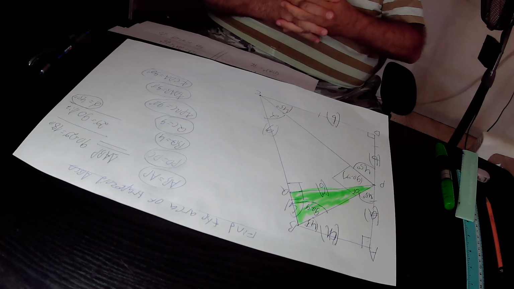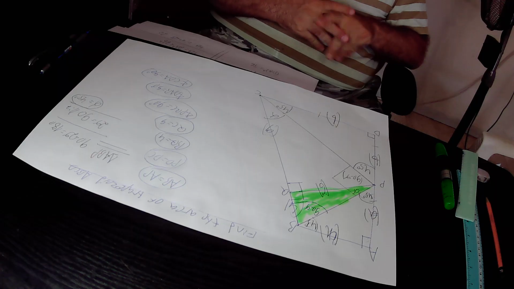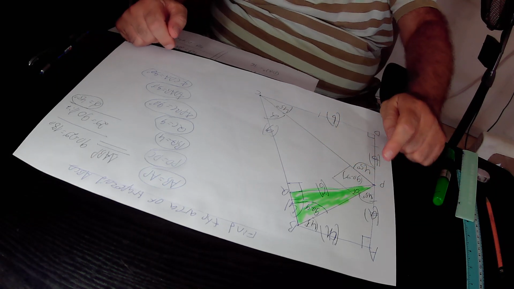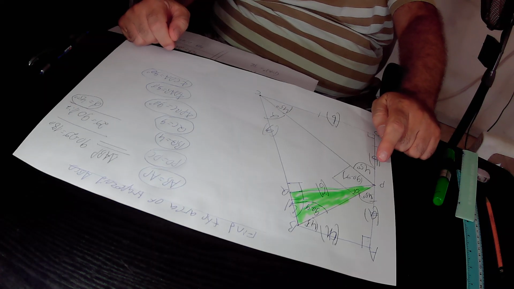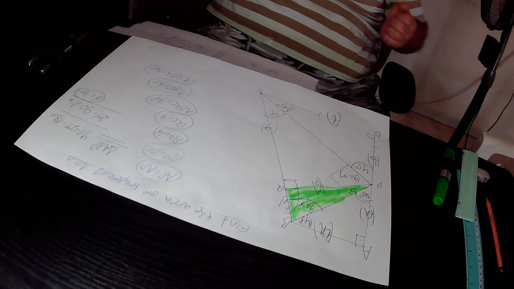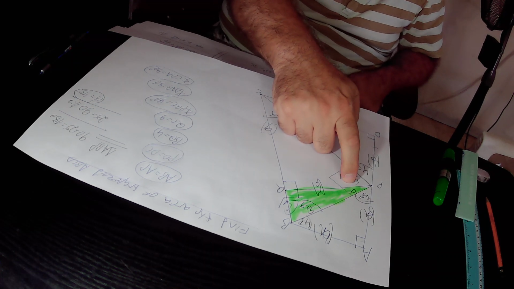Rule 3 says that the sum of the angles on one side of a straight line is equal to 180 degrees. So which angles do we have at the right side of AD at point P? We have this angle that is 45 degrees, plus this angle that is 45 degrees, in total they are equal to 90 degrees. So 90 degrees plus the size of this third missing angle, in total it must be equal to 180 degrees according to rule 3. Therefore this third missing angle must be equal to 90 degrees in its size.